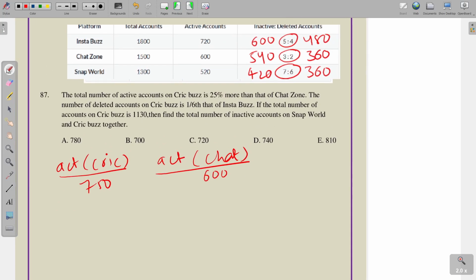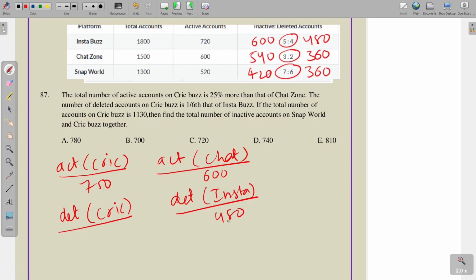Next, the number of deleted accounts in CRBCC is 1/6 of deleted accounts in Insta. What are the Insta deleted accounts? How many? Means 480. In that 480, 1/6 means 80. 6 8s are 48. So deleted accounts on CRBCC are 80.